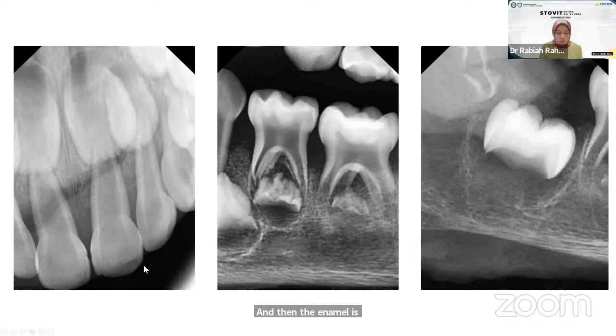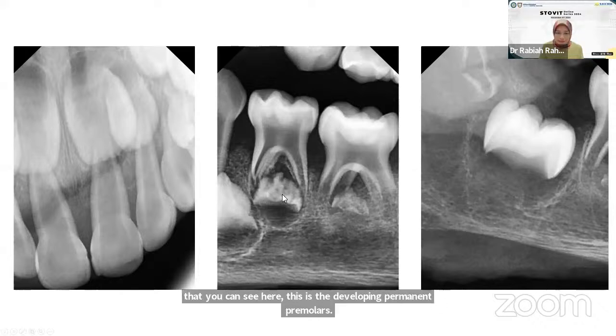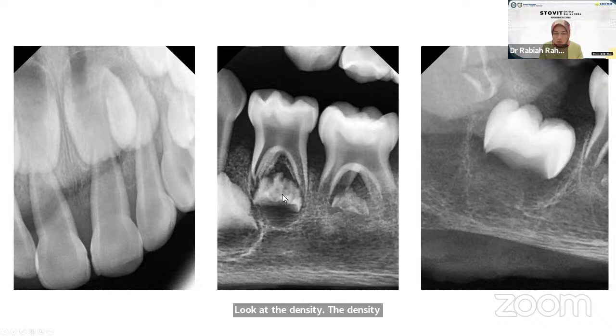And we know that dentinogenesis imperfecta is most likely associated with osteogenesis imperfecta. And then you can see here, these are the developing permanent premolars. See, this should be enamel, isn't it? Look at the density. The density is quite low compared to the enamel of this deciduous molar.